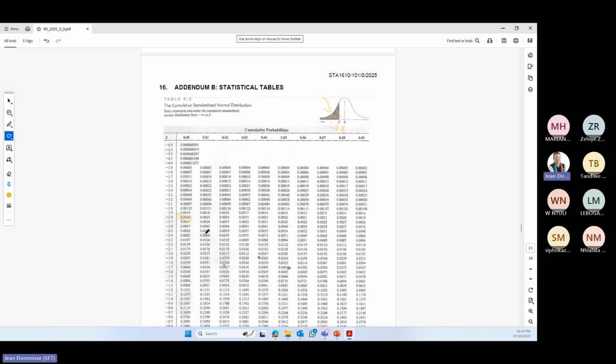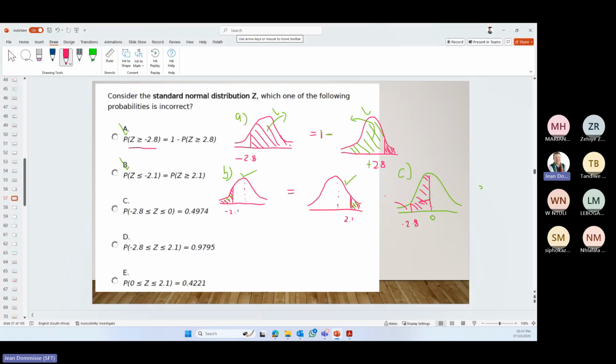Is that 0.0026? So that area is 0.0026. Okay, that doesn't help me yet because I'm looking for the area in red. We know from the previous question that to the left of 0, that whole area is 0.5.